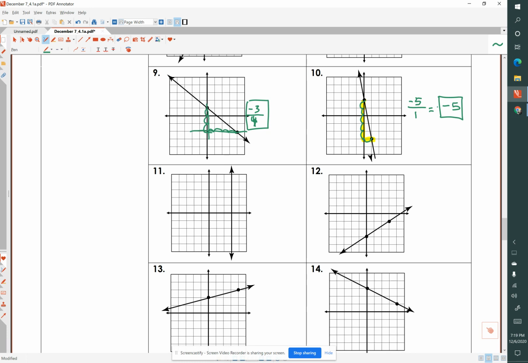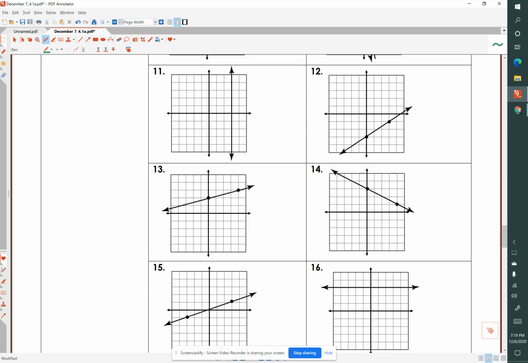Okay, let's finish the page out. Number 11, vertical slope, is undefined. And you can abbreviate that. Number 12, we have a positive slope. We have a rise of 2 and a run of 1, 2, 3, which would be a slope of 2/3.